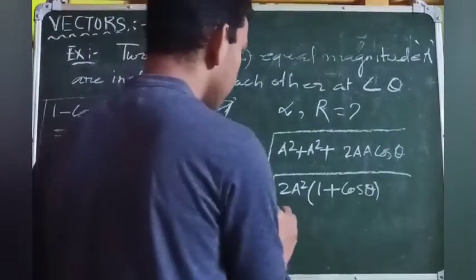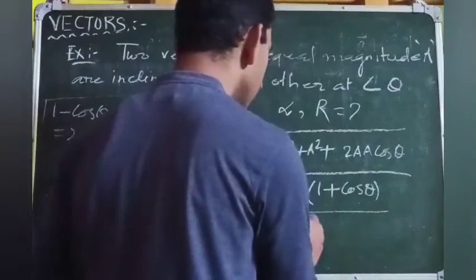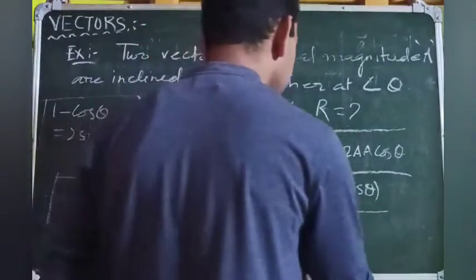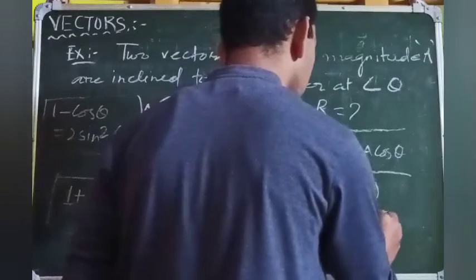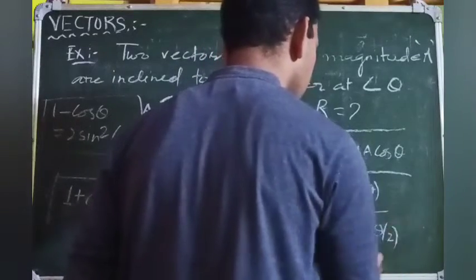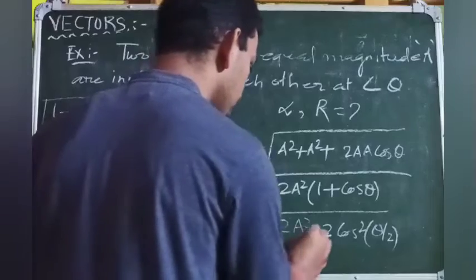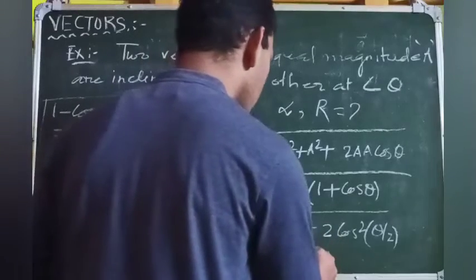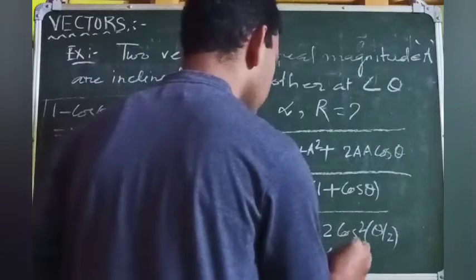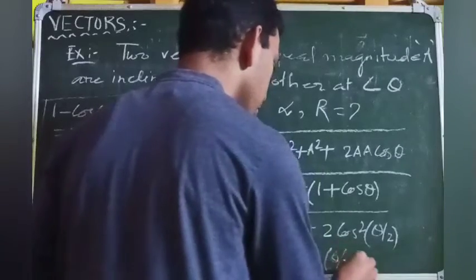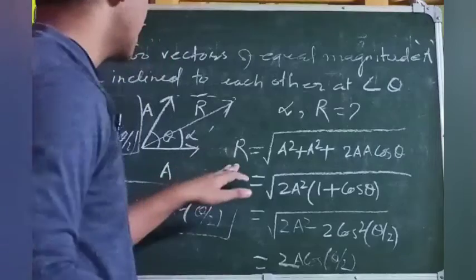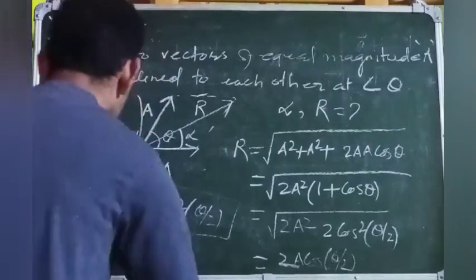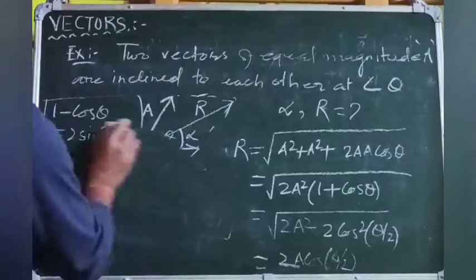So here we can write 2A squared, 1 plus cos theta is 2 cos squared theta by 2. So we are getting it as 2A cos theta by 2. So the value of R is 2A cos theta by 2. Now let me rub the board.